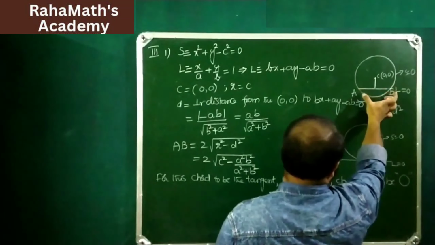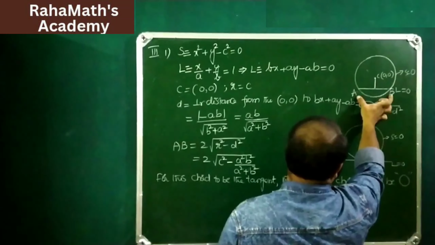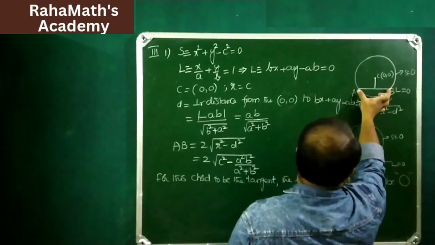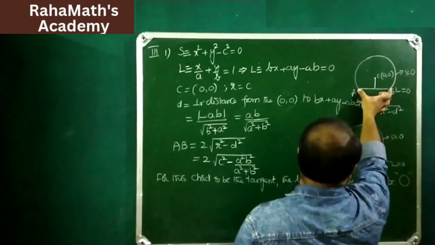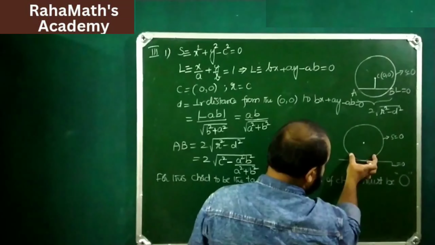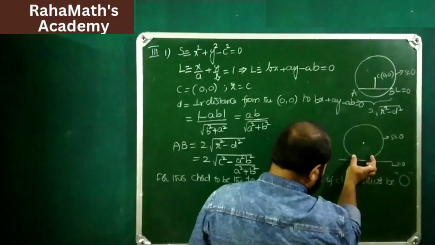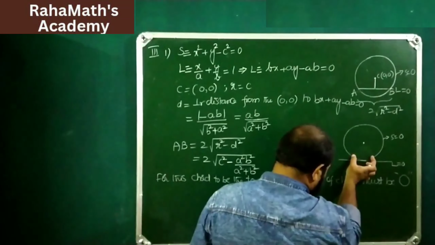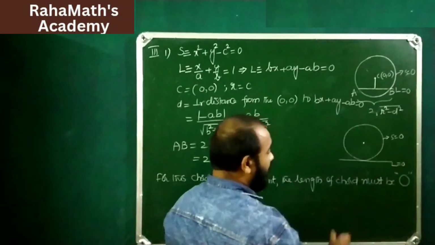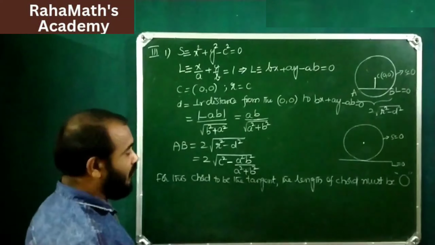But if this chord is a tangent, then this chord touches the circle, and this length will be reduced to 0, because here we have some length. If we reduce it here, the length will be 0. So if it is a tangent, the length is 0.